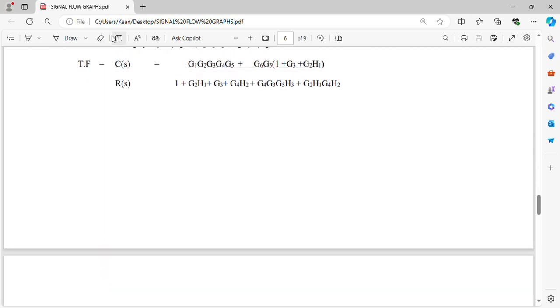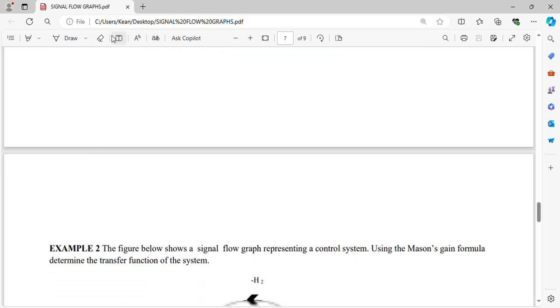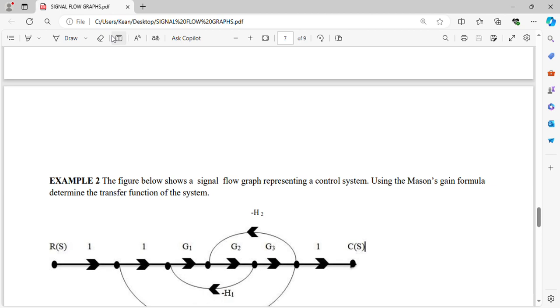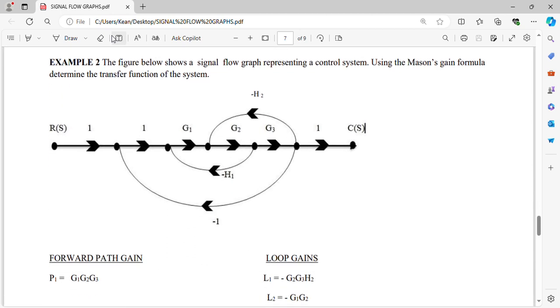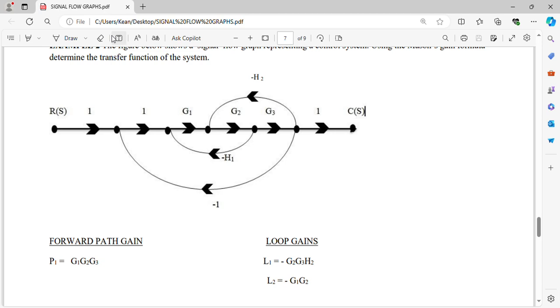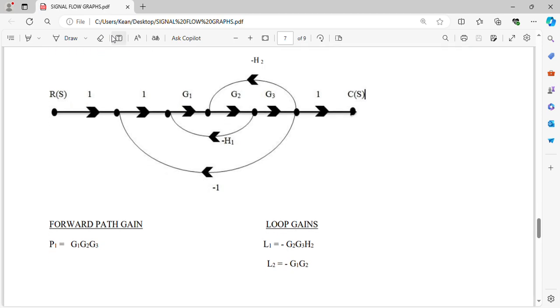Then we come to another example, example 2. You're supposed to get the transfer function for this signal flow graph. First of all, the forward path gain, we only have one path, and this is the straight path going through the branches G1, G2, G3.